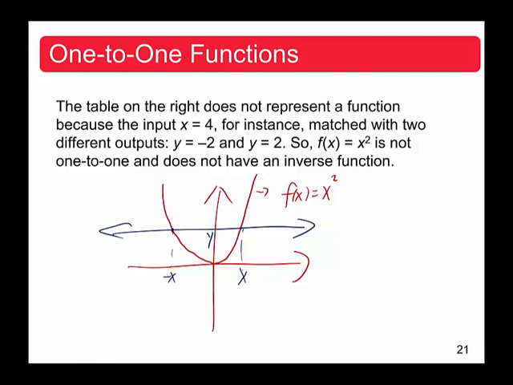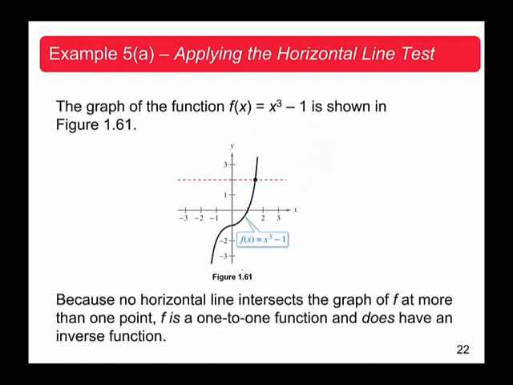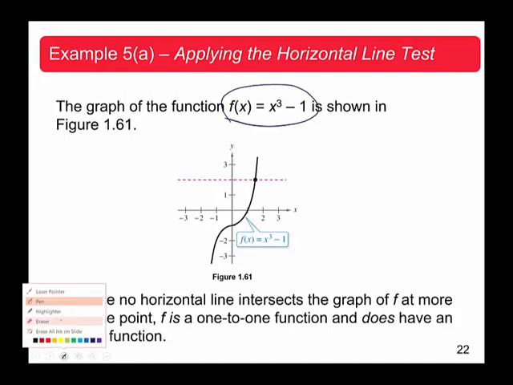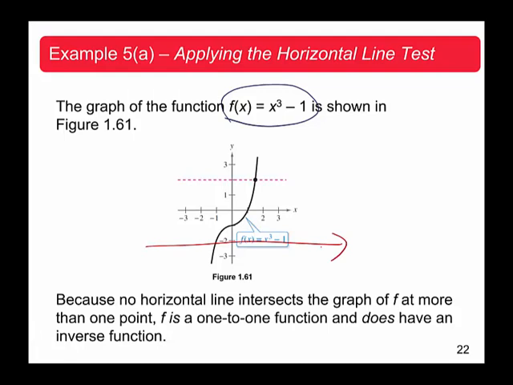Okay, so the horizontal line test helps you a lot in determining the existence of the inverse function. We look at this function f of x equals x cubed minus 1. Now this one has an inverse function, because any time you draw a horizontal line, you only have one intercept. You can draw as many as you like.